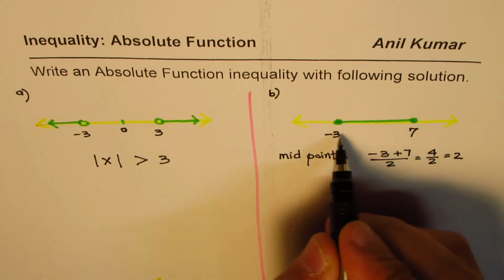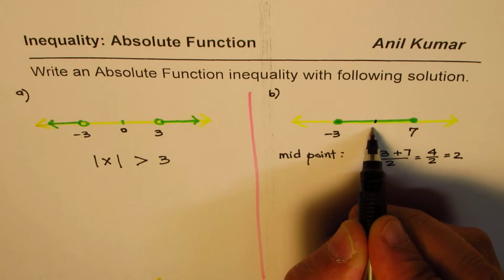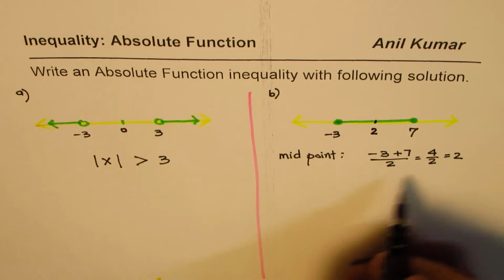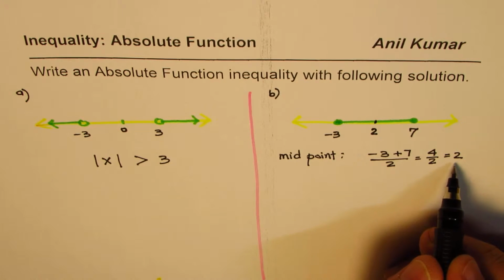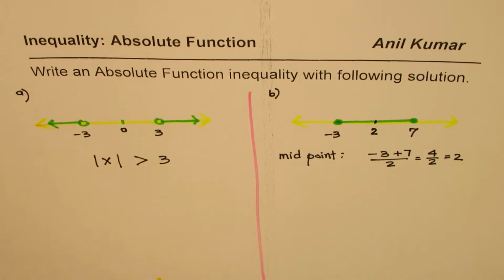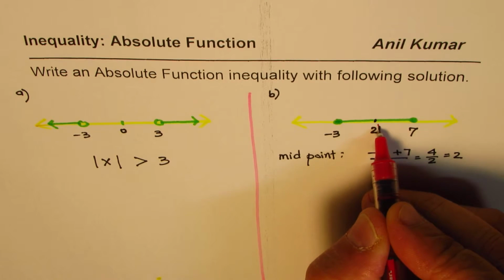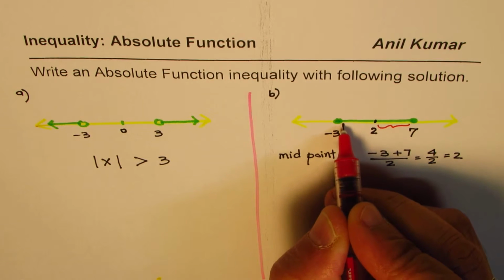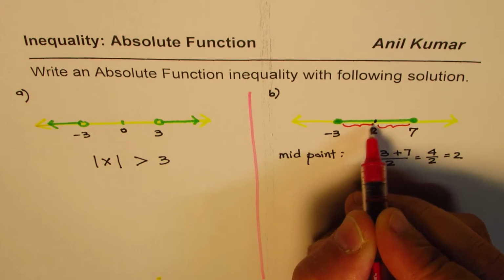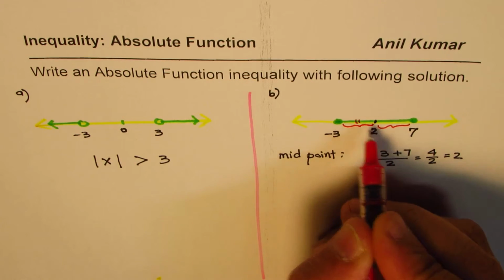So the midpoint has a value 2 on it. Now once you find the midpoint, you have to see how far the extremes are from 2. That is, how far is 7 from 2 and how far is minus 3 from 2. They have to be the same distance away.